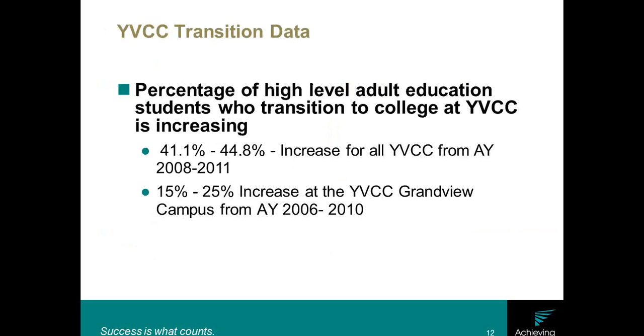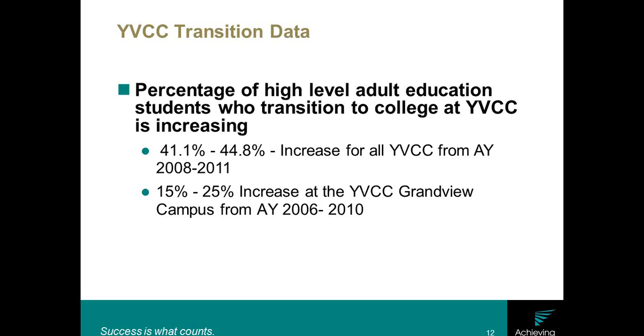So I'd like to share a little bit of data from YVCC. This is something that over the past few years has become a focus for the institution as well as across the state, as I'd already mentioned. So when we look at the percentage of high-level adult ed students who transition to college at YVCC within a year, then you can see that from 2008 to 2011, we've seen an increase from 41 to nearly 45% for the institution as a whole.